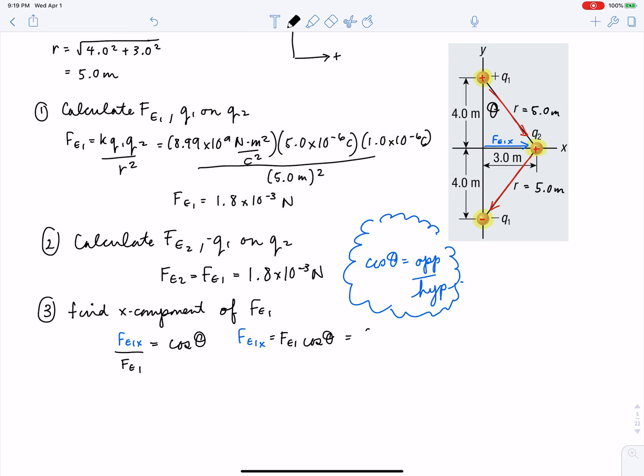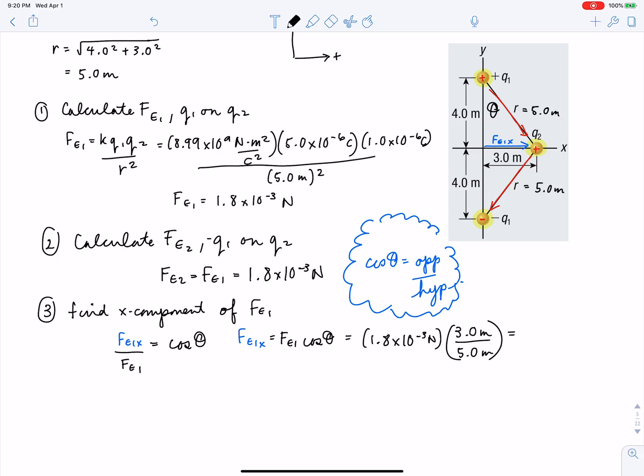Fe1, we said, is 1.8 times 10 to the power of negative 3 newtons. The opposite is 3 meters. And the hypotenuse is 5 meters. So 3 over 5 is equal to cos theta.